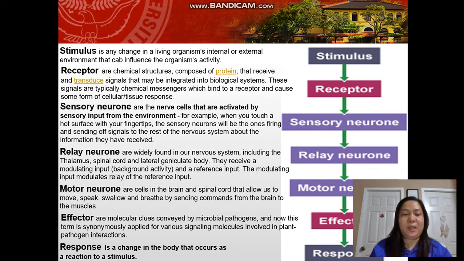Response is a change in the body that occurs as a reaction to the stimulus. Later on, malalaman natin tong structures na to at paano ba yung nangyayari sa body natin hanggang sa from stimulus na organism hanggang sa magkaroon ng response ang body.